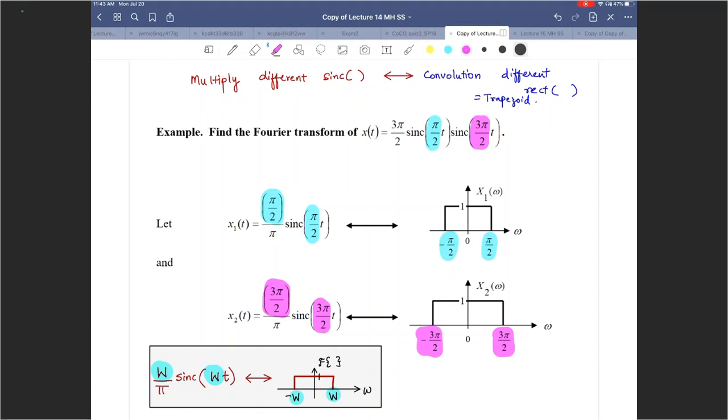So I've essentially introduced two new signals here, x1 and x2. Can I say that x of t is equal to x1 of t times x2 of t? Is it equal?